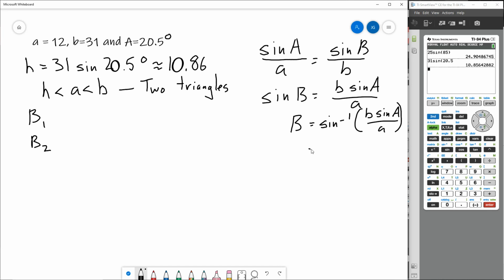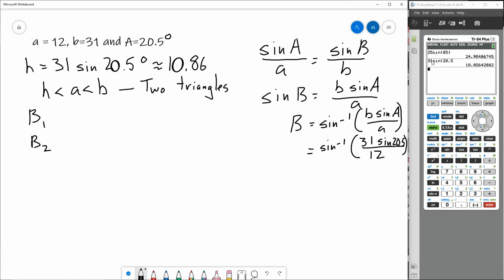So that means that my initial B is going to be the inverse sine of B sine A over A, which actually turns out to be the same as my height. It's very convenient there. We'll plug it in: 31 sine of 20.5, all over 12 in this case.